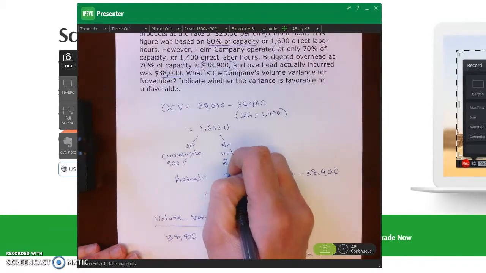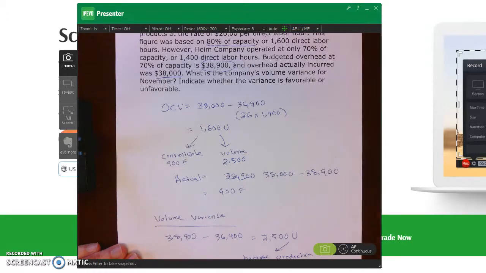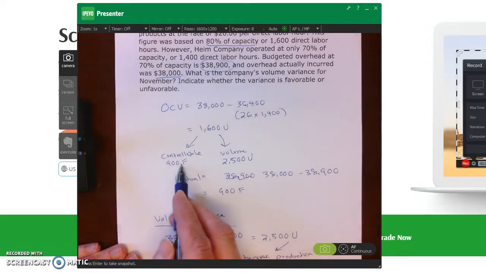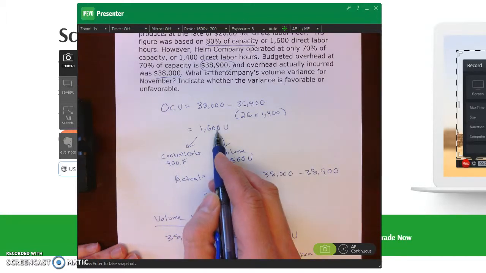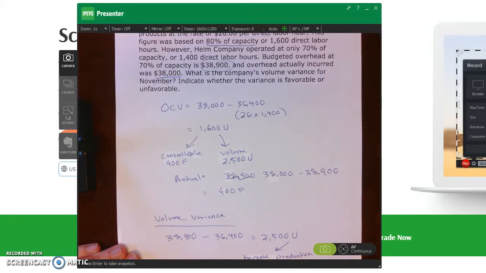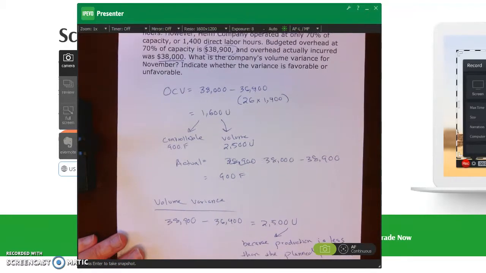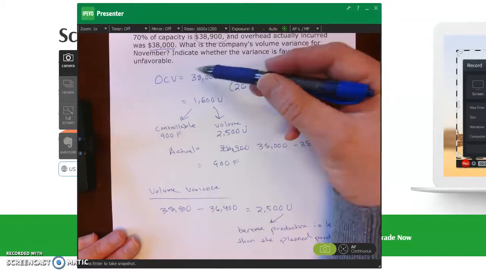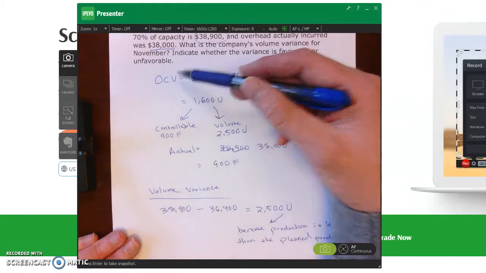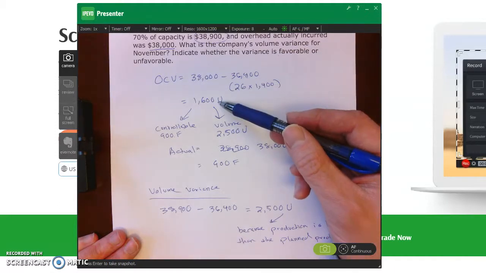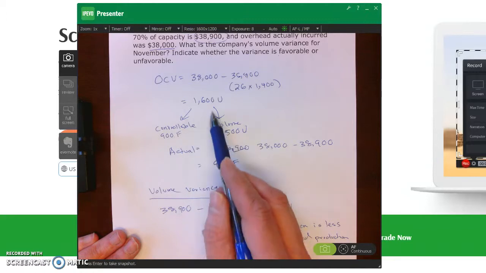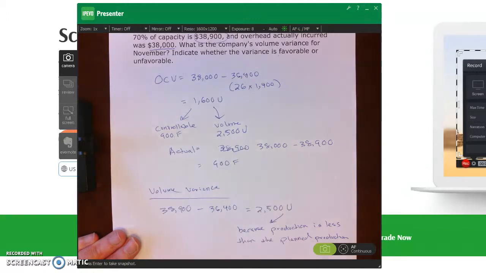So now we can take our 2,500 unfavorable minus our 900 favorable, which gives us 1,600 unfavorable. So this is a really good problem to make sure that you understand, because it takes the total overhead cost variance, calculates that, and then we separate that out into the controllable and then the volume, and we break it down.